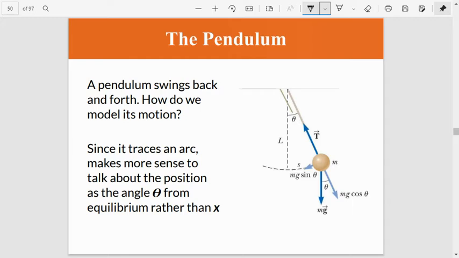We'd like to talk about the way it traces an arc throughout its motion. And really, the arc is related to the angle that it covers through the motion. So we want to be able to talk about the angle that the pendulum traces over time.